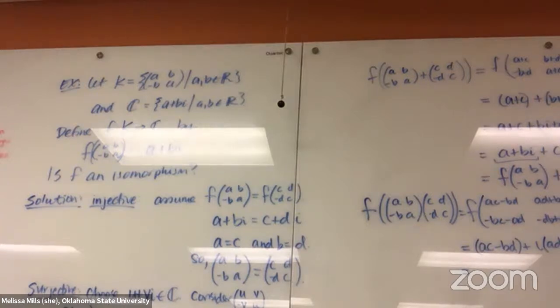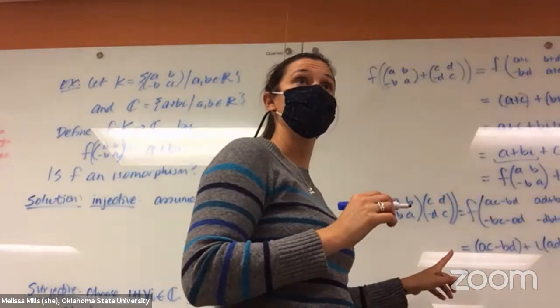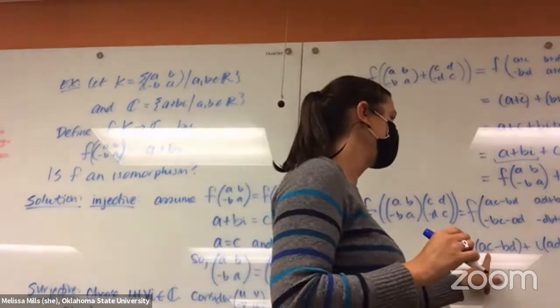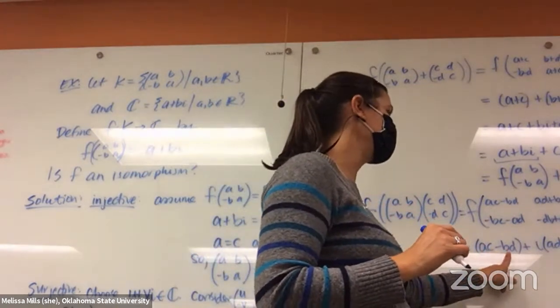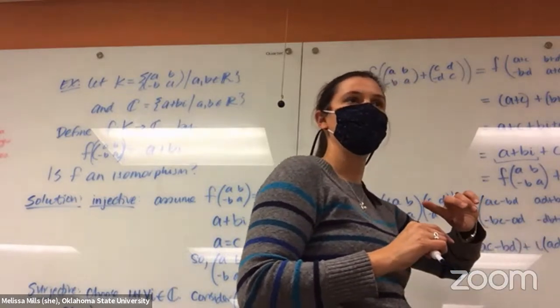plus BCI plus BDI squared, which is negative BD, because I squared is negative 1. So minus BD. Is that what I want? Is that what I got? Yeah, I've got all that. I got AC, I got negative BD, I got ADI, and I have BCI.